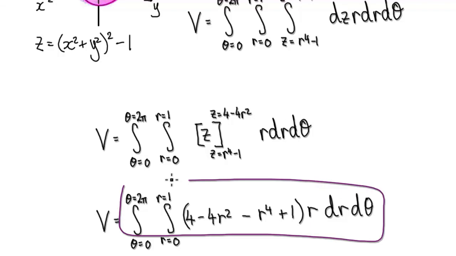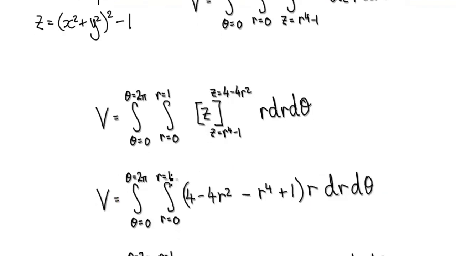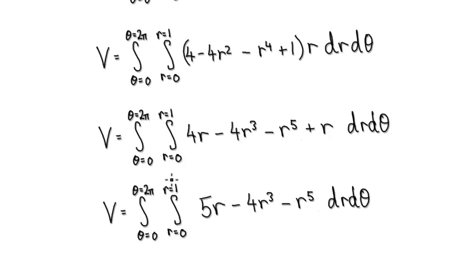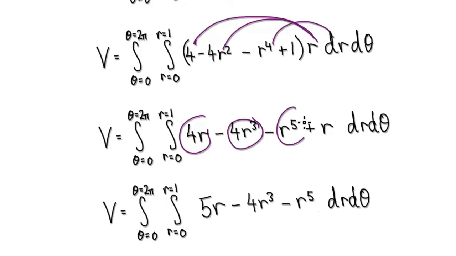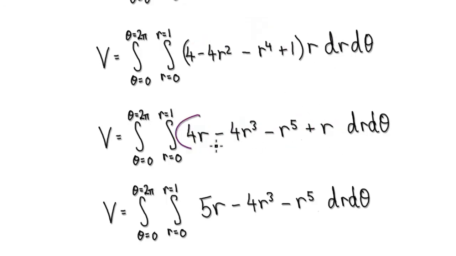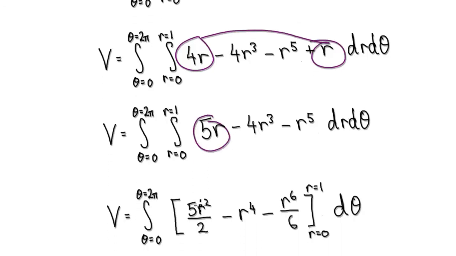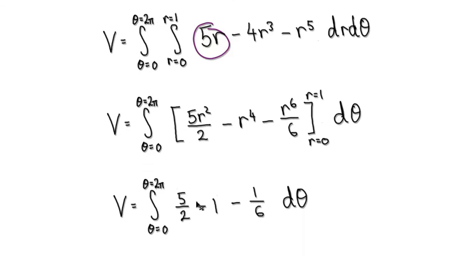Now multiply this out, so that would be 4 r to the power 3, this would be r to the power 5, this would be r, and then merge these together. Then integrate with respect to r.